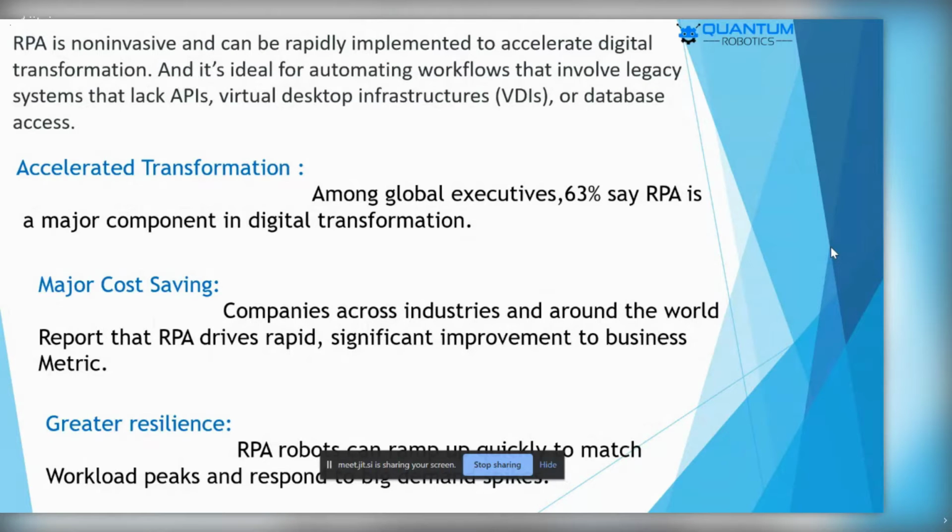And greater resiliency. Yes, the robots can ramp up quickly to match workload peaks and respond to big demand spikes. With greater resiliency, robotic process automation ramps up quickly to match workload peaks. Workload peaks mean the important points, and it is going to be at a pinpoint location.